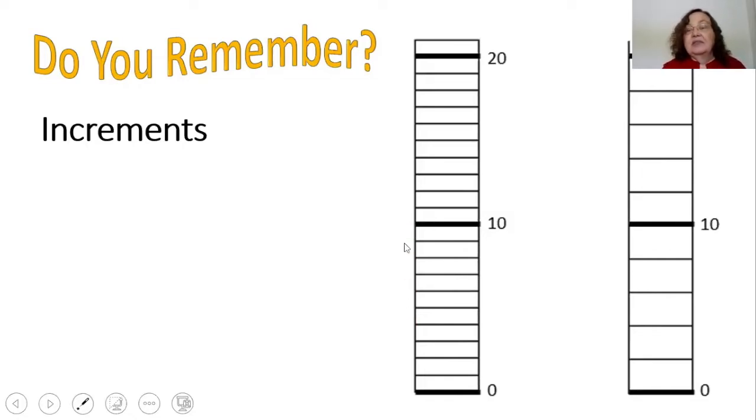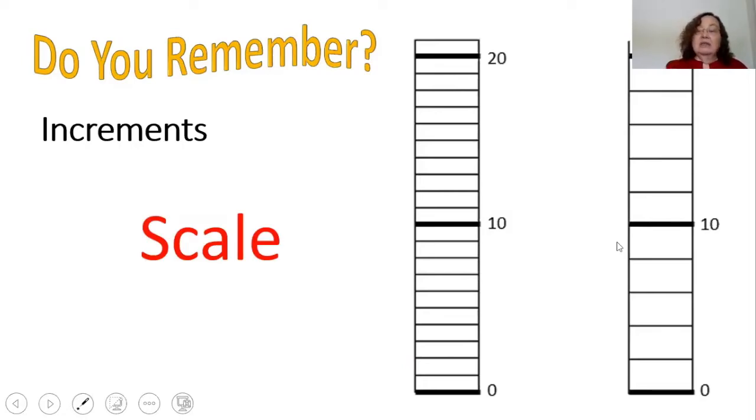But this thermometer had increments of 2, saying 2, 4, 6, 8, 10. Well, that's very similar to my graphs today, because now they're going to call them scale. And so the scale is going to tell me whether I'm counting by 1s, 2s, 5s, or 10s.